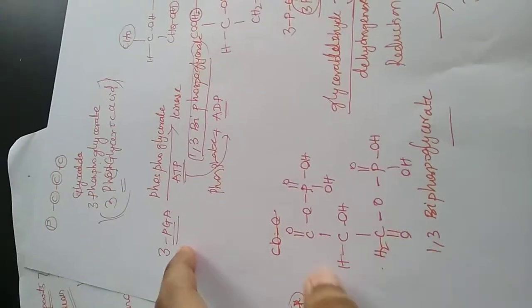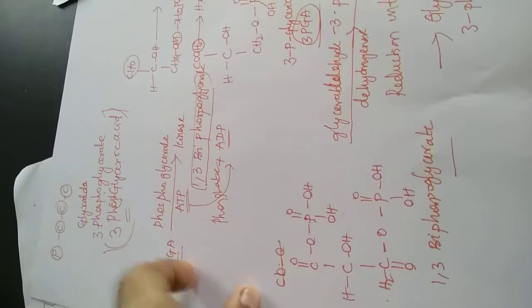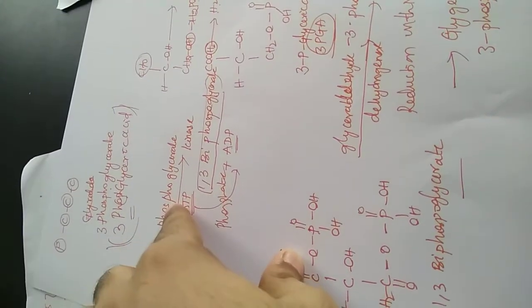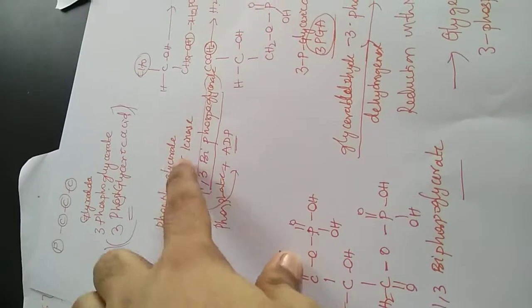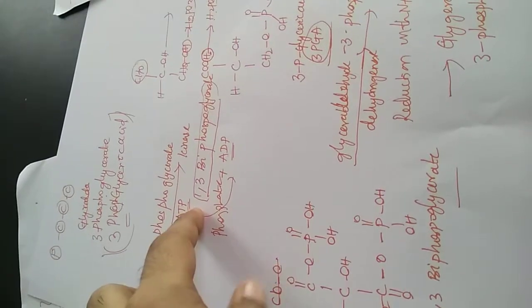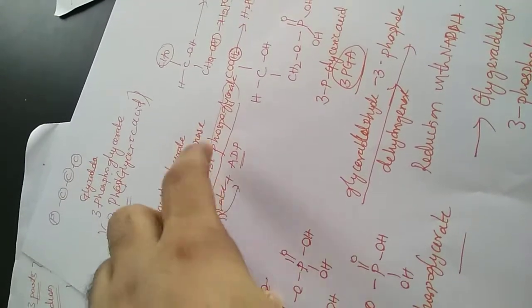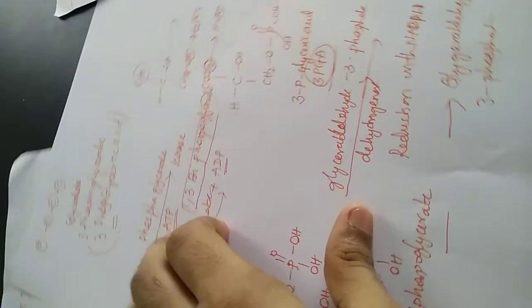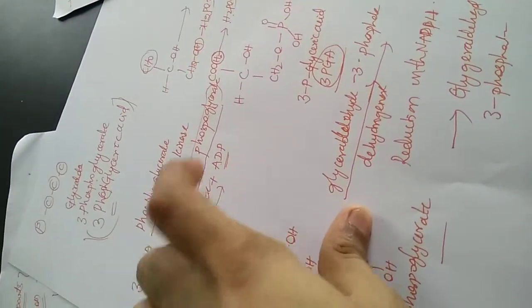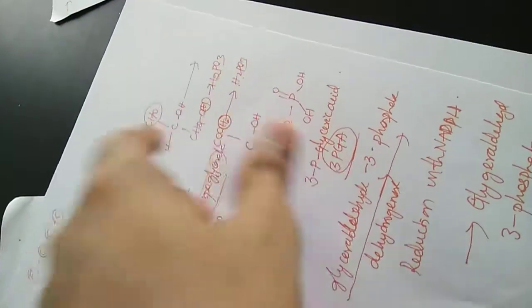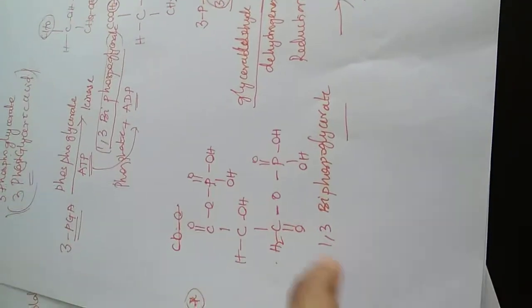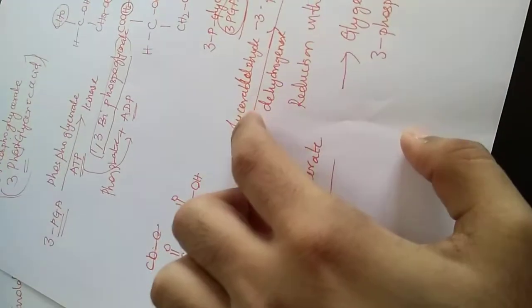We take the 3-phosphoglyceric acid and react it in the presence of phosphoglycerate kinase enzyme and ATP to form the diphospho derivative, and ATP gets converted to ADP. This is what we get.